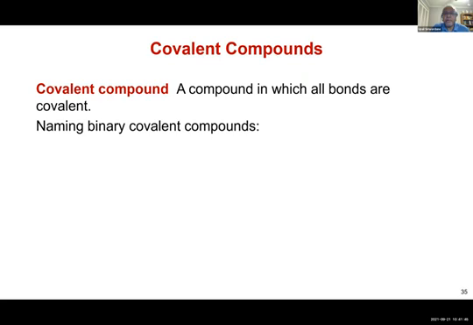It's different from naming ionic compounds. We don't use prefixes in ionic compounds because the charges are known. Therefore, we can use the subscripts in the formula based on charges. But there are no charges in binary covalent compounds.